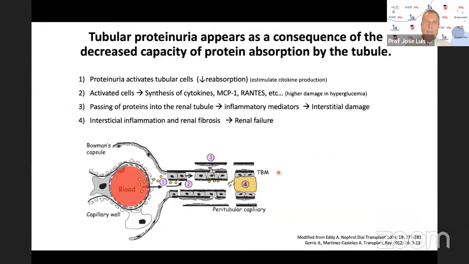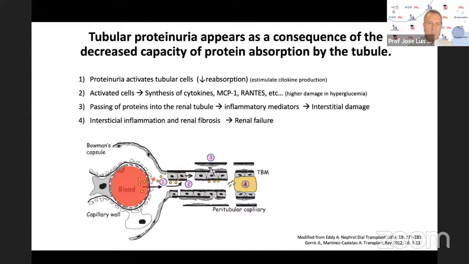We also have to consider tubular proteinuria, because it produces lesions in the interstitial area. There is a glomerular area and an interstitial area, and tubular proteinuria results when glomerular function is normal, but the proximal tubules have diminished absorption capacity.